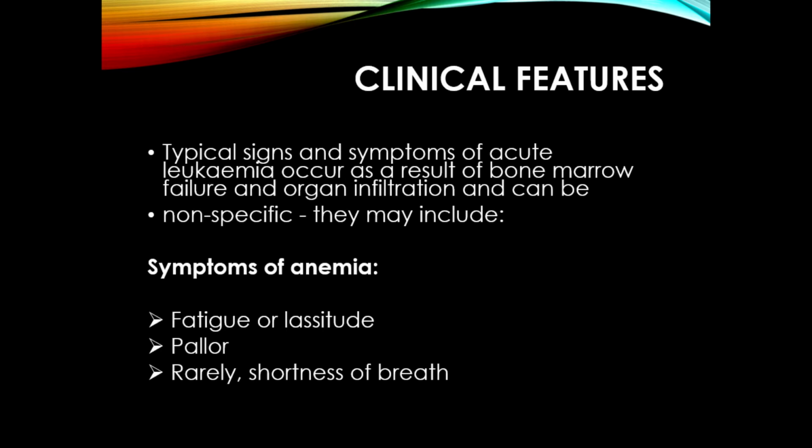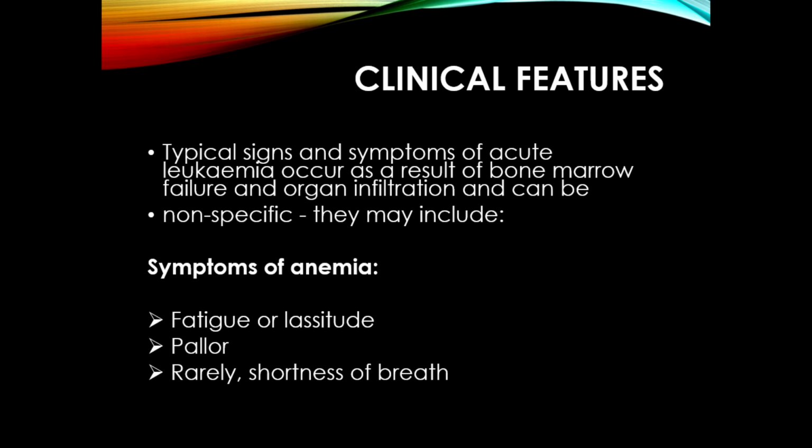The clinical features of leukemia. There are typical signs and symptoms of acute leukemia, and they usually occur as a result of either bone marrow failure or organ infiltration. If we look at the symptoms of anemia due to the reduction of the production of the RBCs, patients usually present with fatigability, pallor, and shortness of breath.